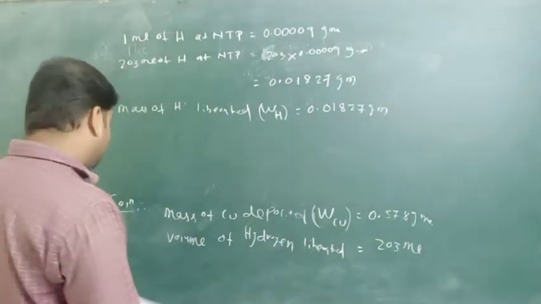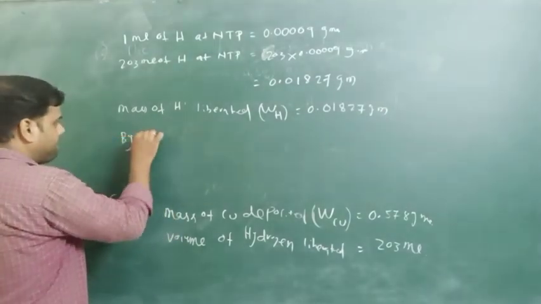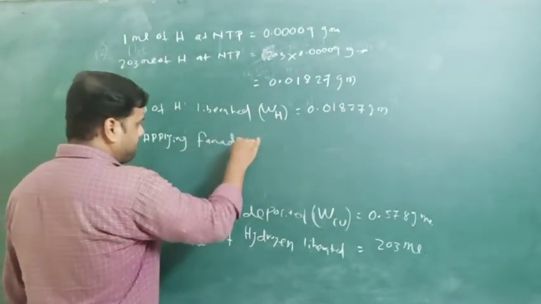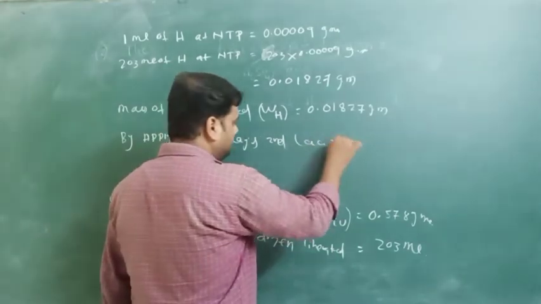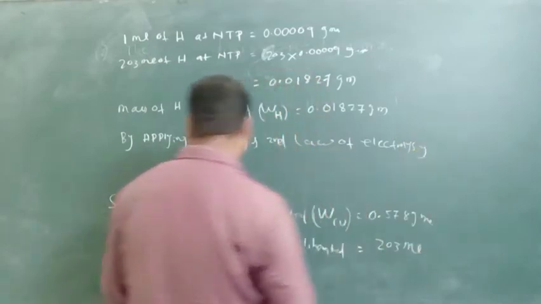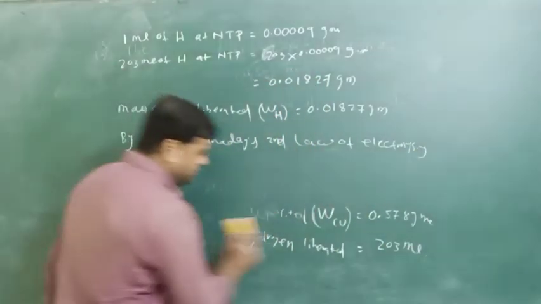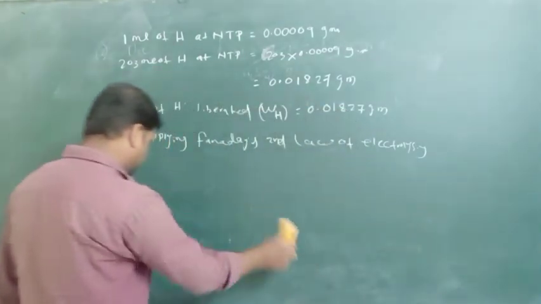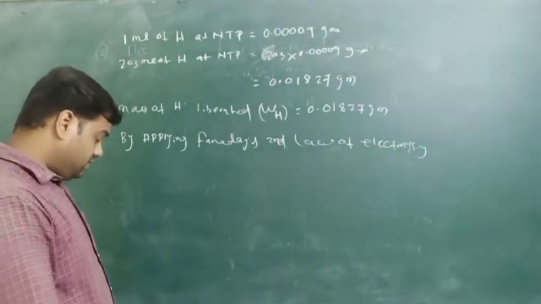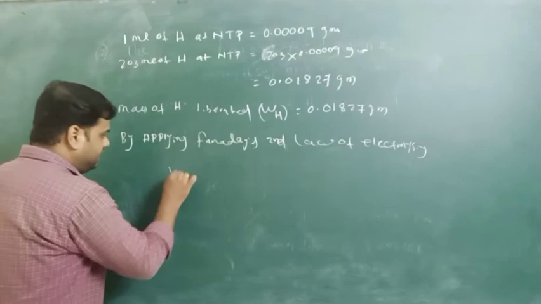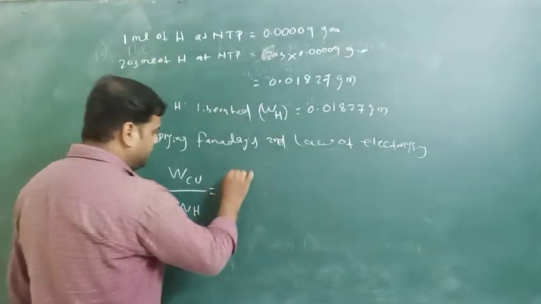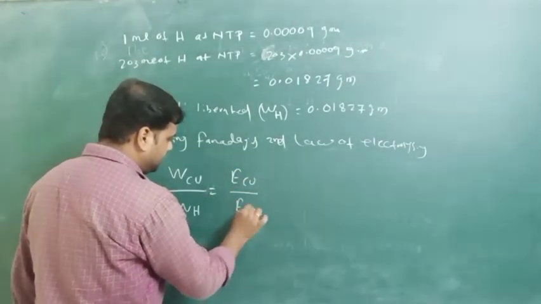So we'll apply Faraday's second law of electrolysis. We know that the ratio of masses of the substances is equal to the ratio of electrochemical equivalents of the substances. So we will take WCu by WH is equal to ECu by EH.